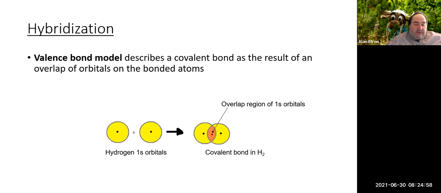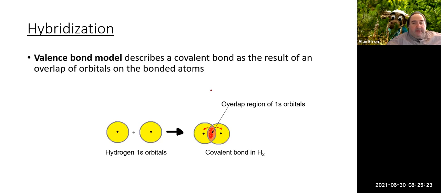This is the region where the electrons are shared between those orbitals, and what keeps the bond together. The electrons are attracted to this nucleus and to this nucleus as well, and that keeps everybody locked into place.